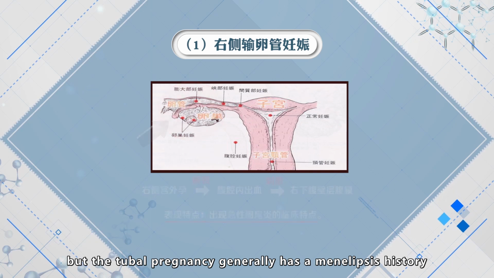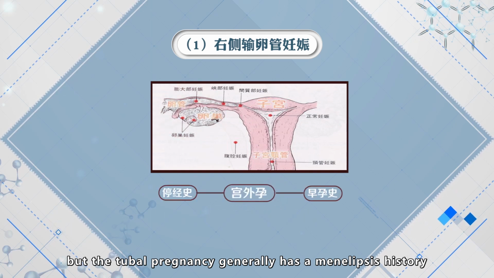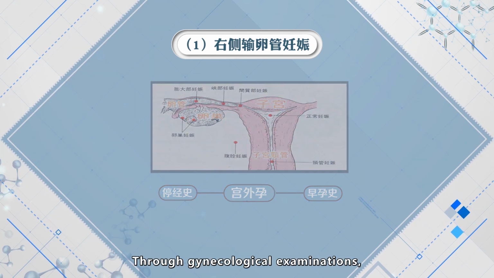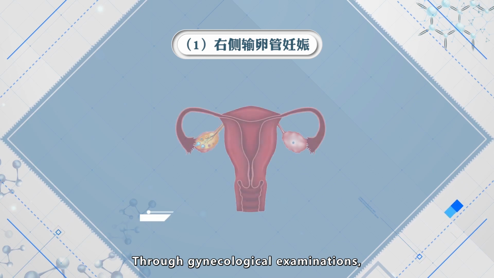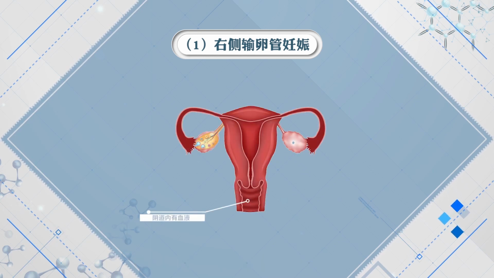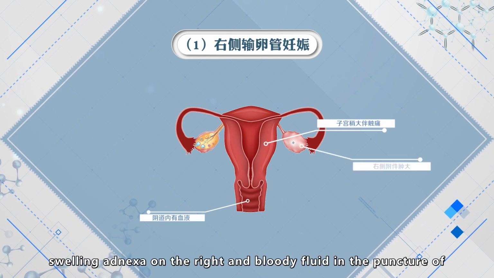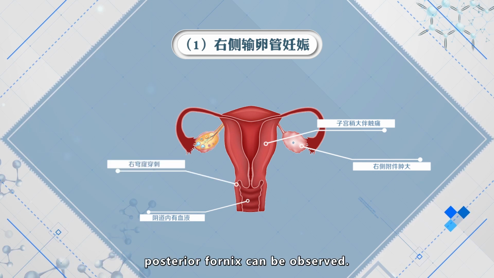But tubal pregnancy generally has a menopause history and an early pregnancy history. Through gynecological examinations, intravaginal blood and a slightly large uterus, accompanied by tenderness, swelling at the adnexa on the right, and bloody fluid in the puncture of the posterior fornix can be observed.